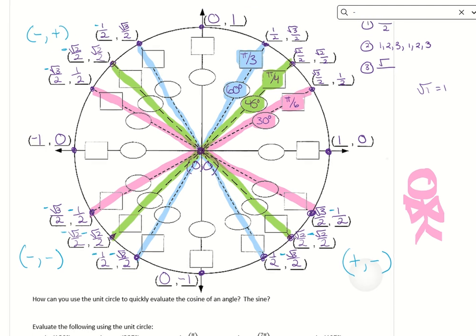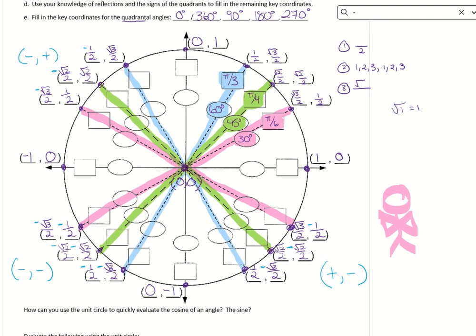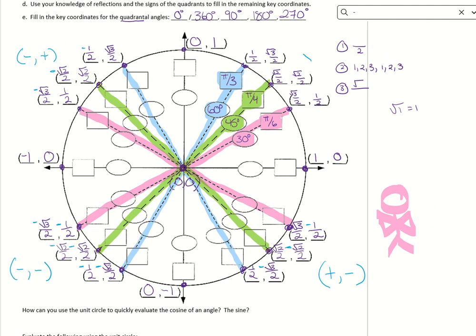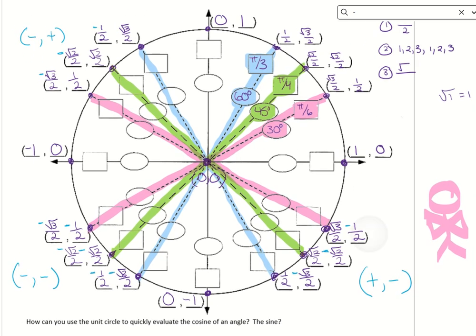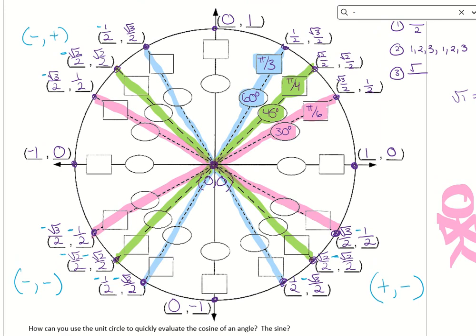And now suddenly we have all of the coordinates of our unit circle filled in, and we only had to memorize these guys and then appropriately reflect them into each of the other 3 quadrants. So now I'm going to give you a second to fill in the rest of your degrees and the rest of your radians, because when you have your group quiz, it's going to be really nice to have these in all the same location instead of having to flip around. So I'll do that with you as well.